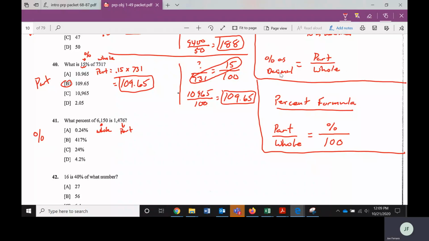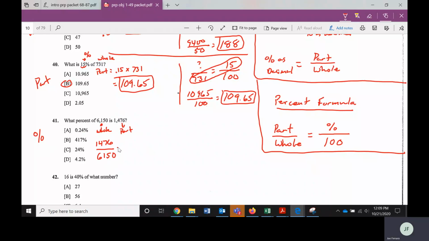It says percent as a decimal equals part divided by whole. This is kind of like your test score one. Okay, so make sure again you do it the right order. The part goes on top. The whole is on the bottom, and it's not always smallest on top, biggest on bottom, because if the percent's over 100, it could be the other way around. But after the word of is the whole.